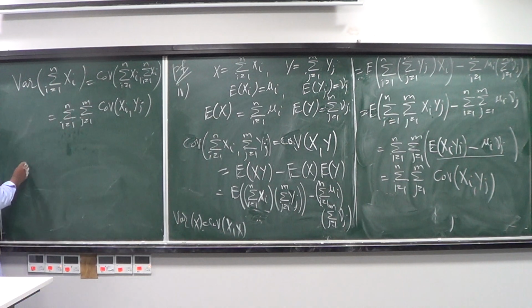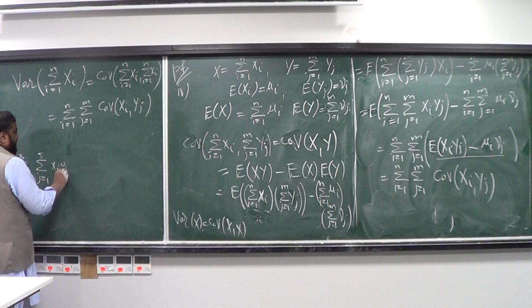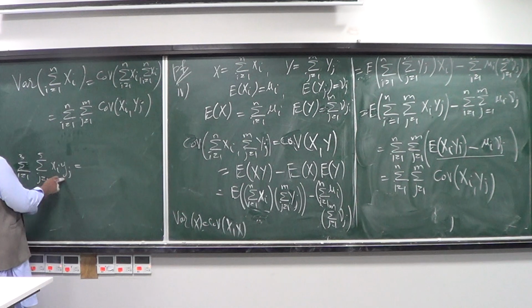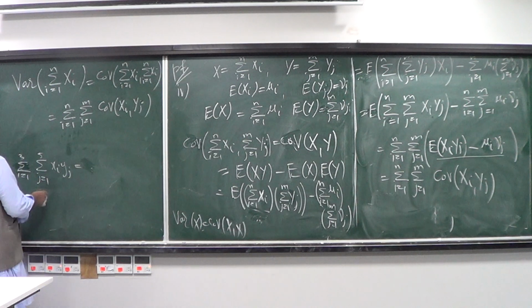For example, imagine I have a sum from i equal to 1 to 3, and a j that goes from 1 to 5, and I have this sum of xi yj. If I write it explicitly, there can be instances when the two indices are equal, and there can be instances where they are not equal.